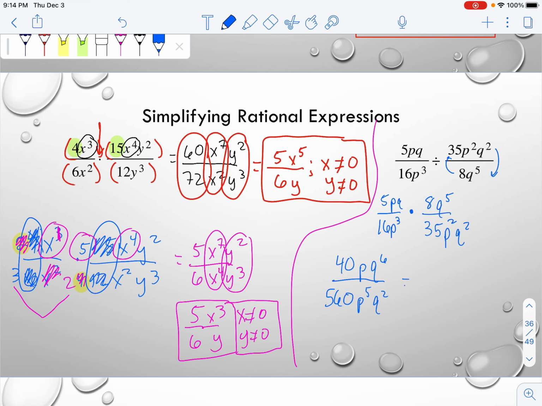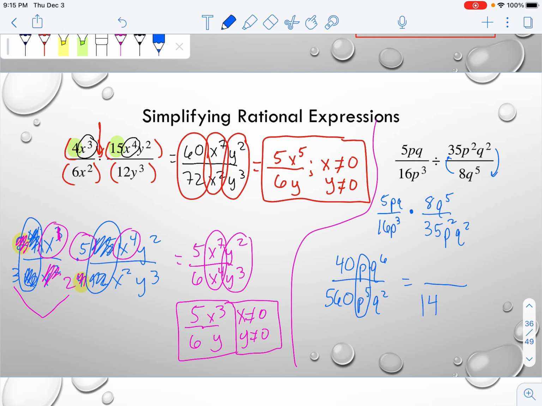Now I just have to clean up my coefficients, my p's, and my q's. So 40 over 560, if you're not sure what's in there, you could always type it in your calculator and reduce the fraction. It turns into 1/14th, because there's a common factor of 40. And then do your p's.